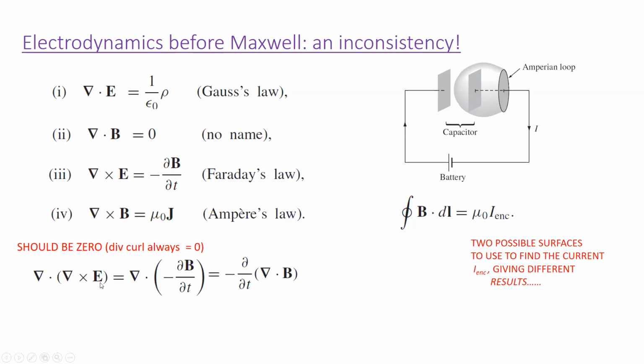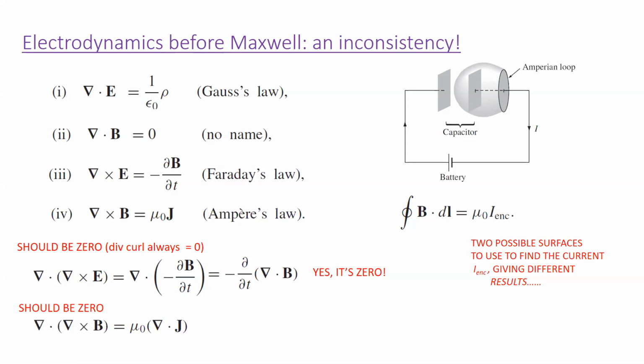But if we try the same thing with Ampere's law instead of Faraday's law, we get the divergence of the curl of B, which should again be 0 mathematically, equal to mu naught times the divergence of J. But if you look way back in your notes, the divergence of J is basically how much charge is flowing out of a given volume, and that's related to how the charge density is changing at that point.